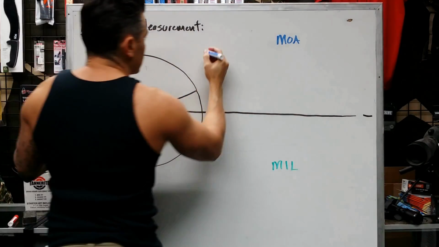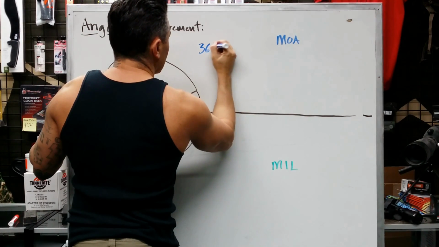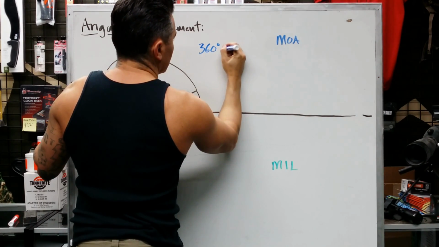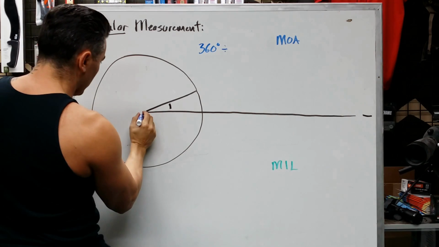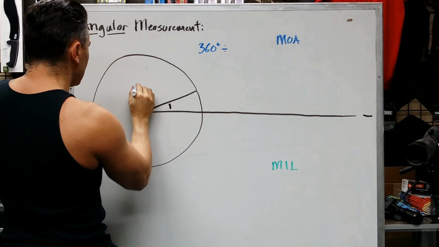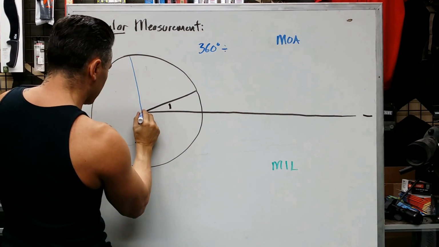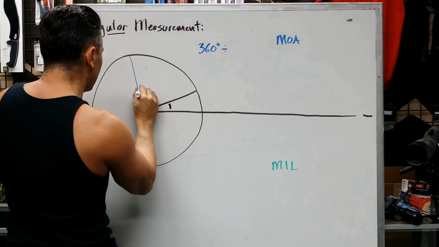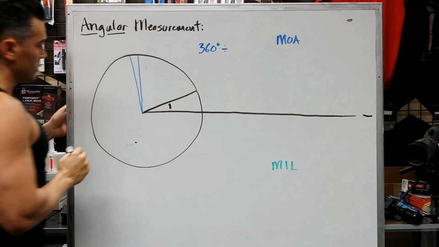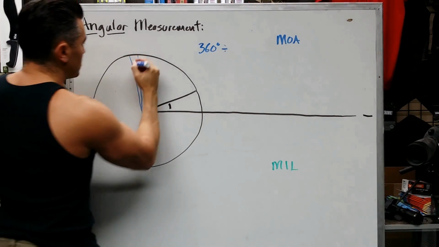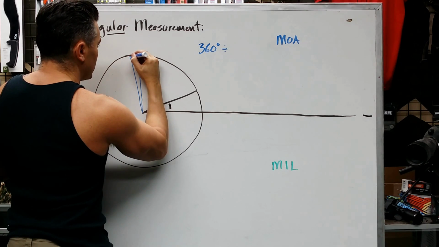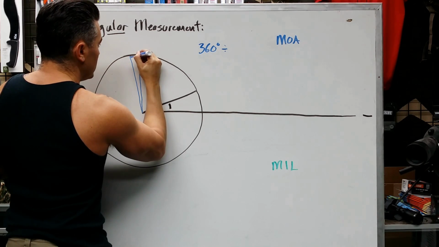You have 360 degrees in a circle. If you took one of those degrees, it's not drawn to scale, but this represents 1 degree. You took that 1 degree and split it up into 60 little pieces, or 60 minutes.